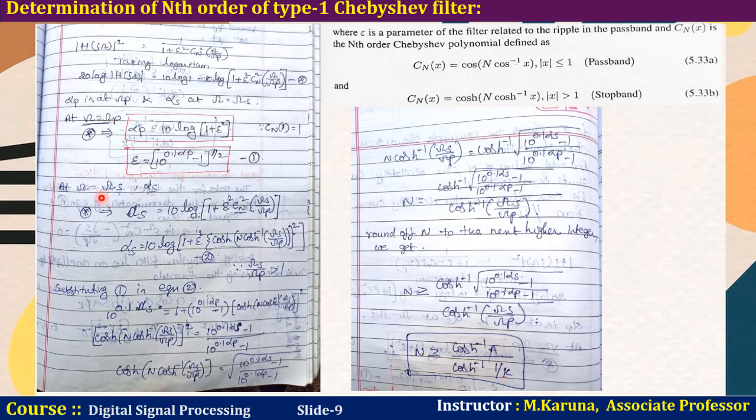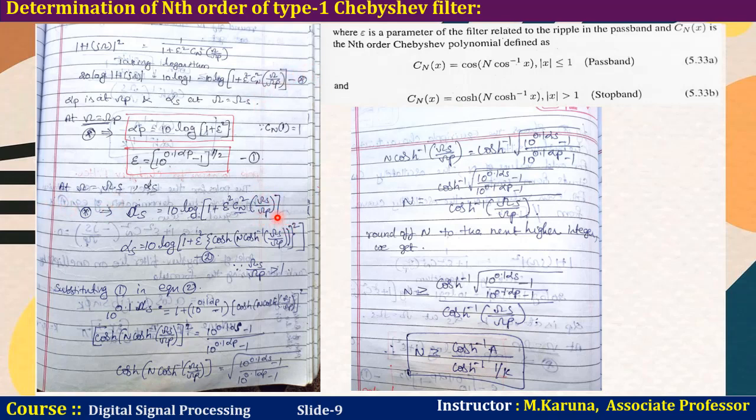Now substitute omega equal to omega s in this magnitude response of the type 1 Chebyshev filter, then we'll get at omega equal to omega s, the attenuation is alpha s, which is equal to 10 log 1 plus epsilon square Cn square of omega by omega p.